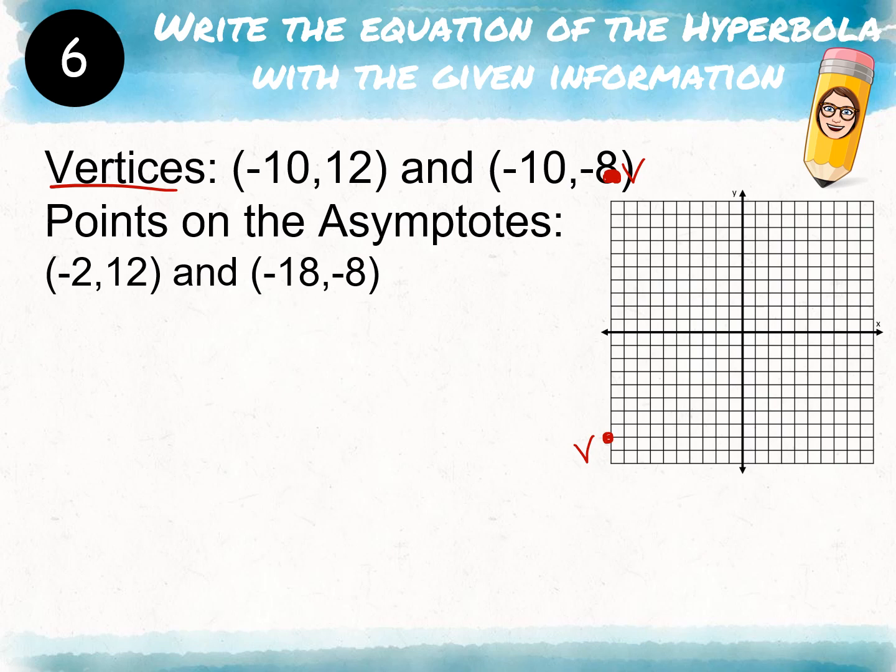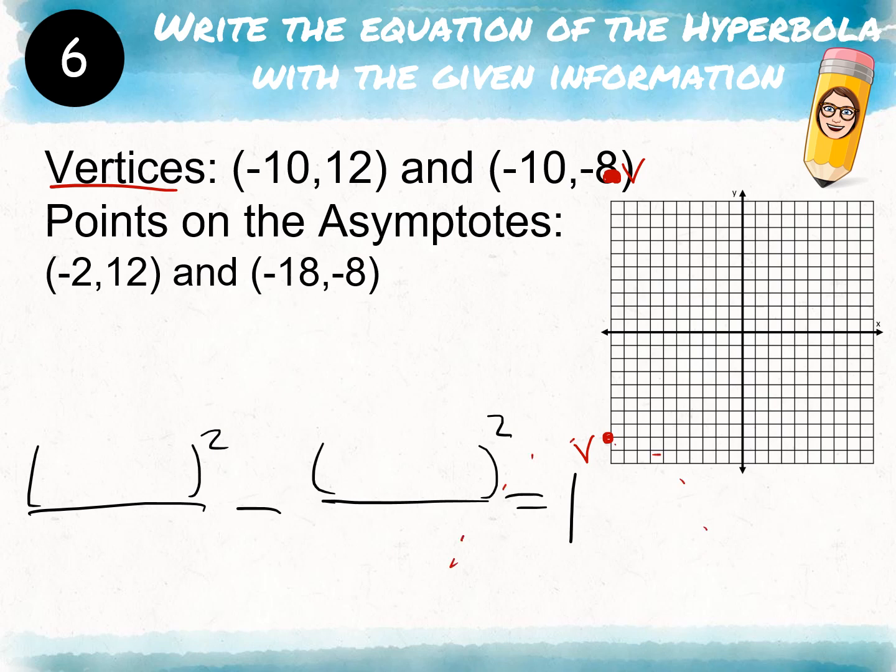All right, so as I recommended but did not follow my own advice, I encourage you to set it up first. So when I look at those vertices, in my mind I've got this picture here, right? If those are the vertices, this is my orientation. So what that means is the y comes first. All right, next we need to find our center point. If I know my vertices, I can find the middle.